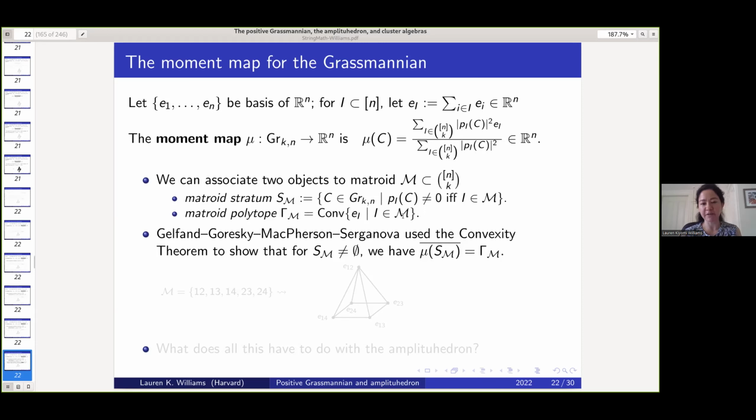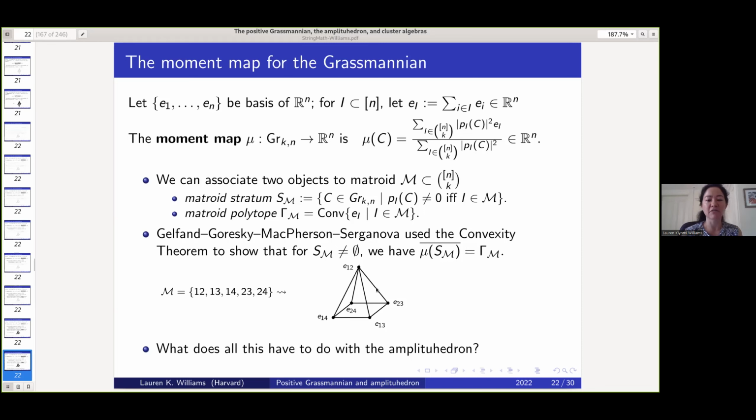Gelfand, Goresky, MacPherson, and Serganova used the convexity theorem to show that the closure of the image of a matroid stratum under the moment map is exactly this matroid polytope. So if I range over points in the Grassmannian where these Plücker coordinates are non-zero, apply the moment map to all of those points and then take the closure, I get exactly this polytope.